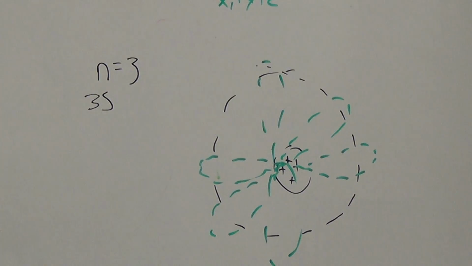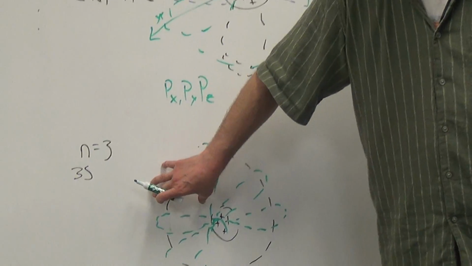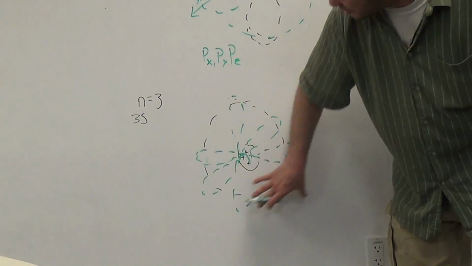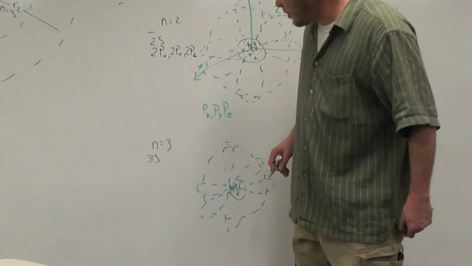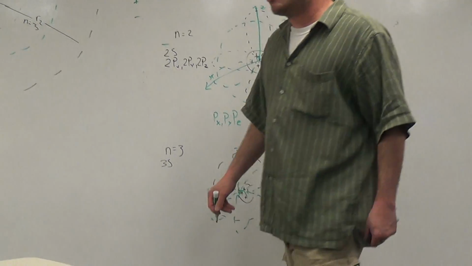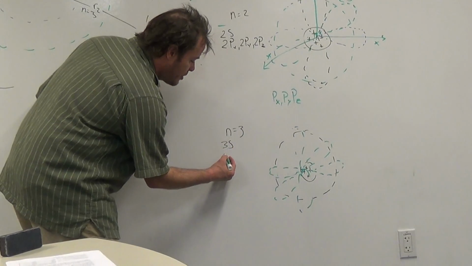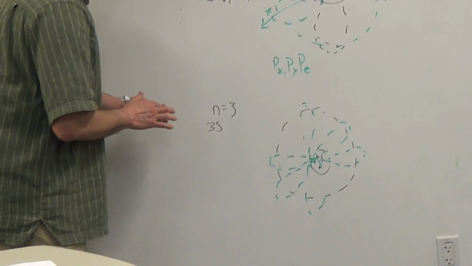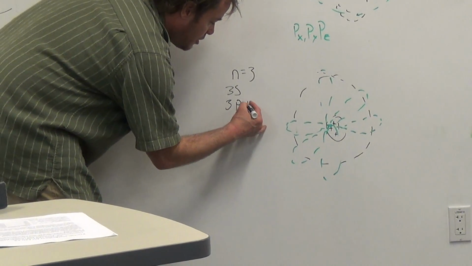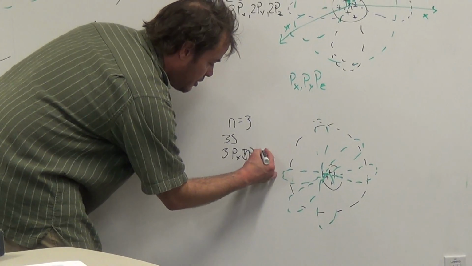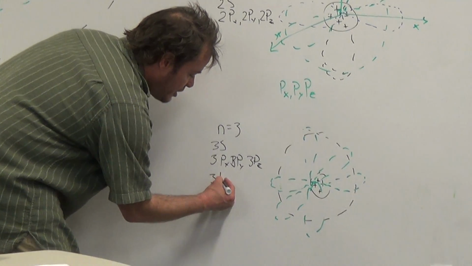As we've moved out further away from that nucleus, we're occupying a larger volume. It turns out that there's some room to shove some more electrons in this region out there at the larger radial separation, and that gives rise to additional orbitals that are called d orbitals. So for the n equals 3, we've got the 3s, the 3px, 3py, and 3pz, and we also have 3d orbitals.